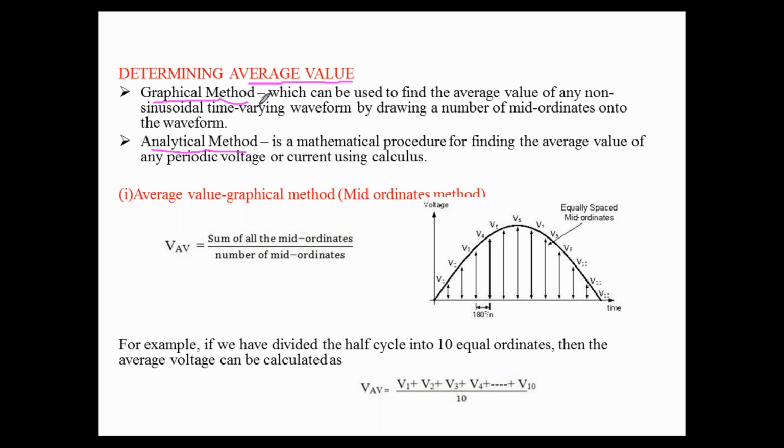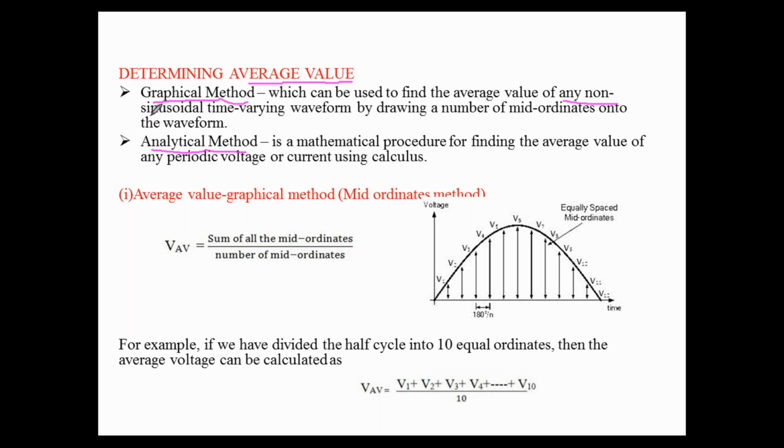A graphical method means that with the help of the graphs. Now we'll learn both of them. A graphical method can be useful to determine the average values for non-sinusoidal waveforms.